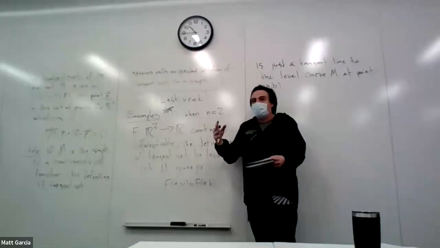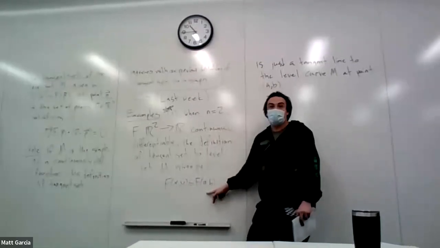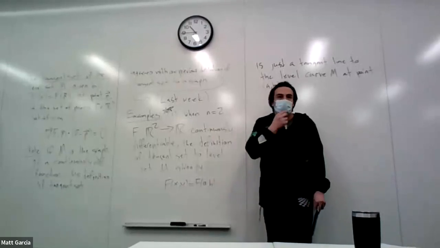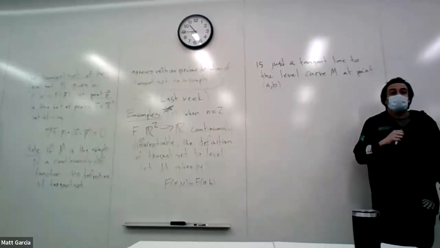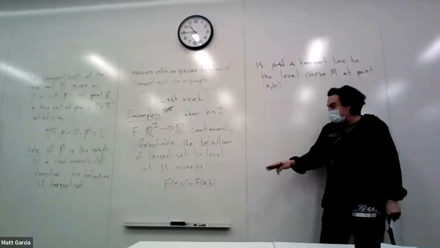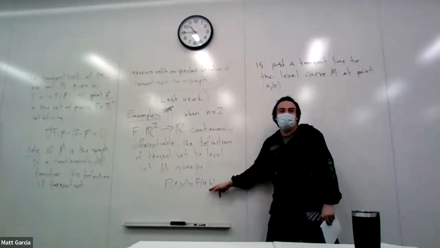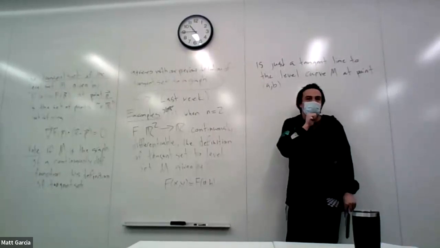So it's in a copy of R2, namely the plane z equals f of a comma b. Yeah, so it exists in R3, but it lies in this plane z equals f of a comma b. Yeah, that's right.